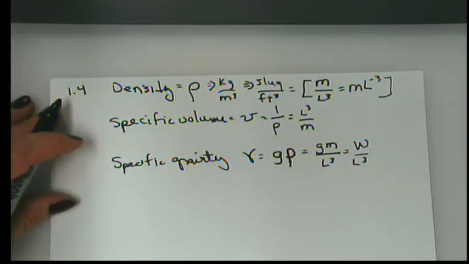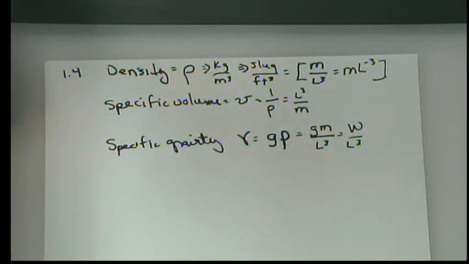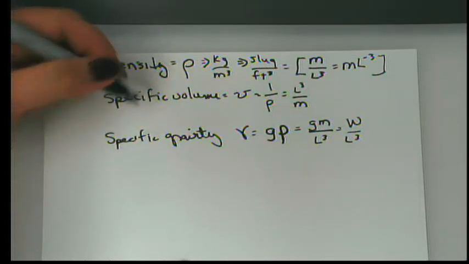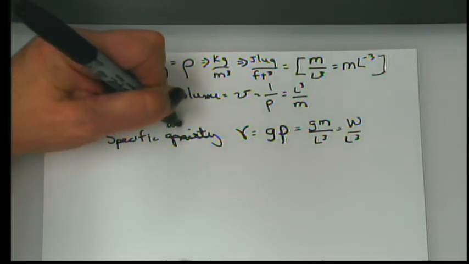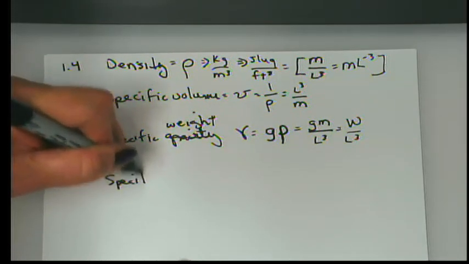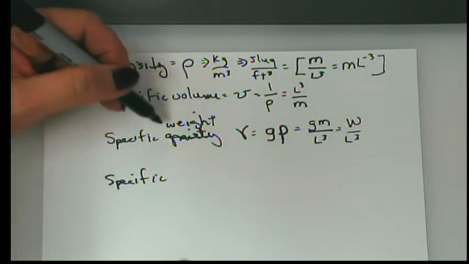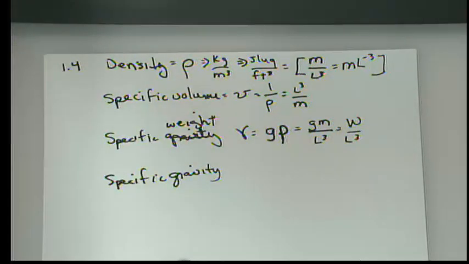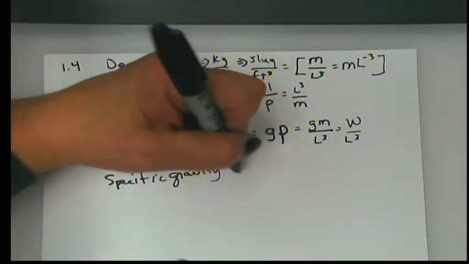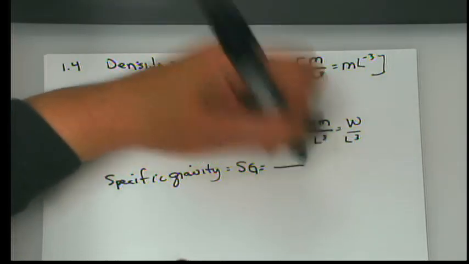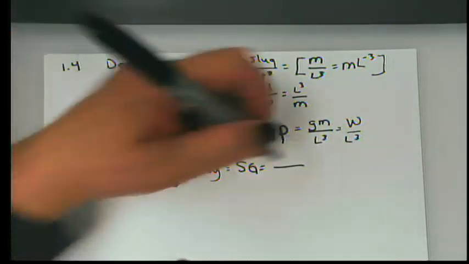But if we talk about a gas a little bit, and I apologize, this is the specific weight. There we go. The specific gravity actually compares the specific weight of a particular fluid, whether it's a gas or a liquid, to a base. And for liquid, we use the base of water at 4 degrees centigrade.